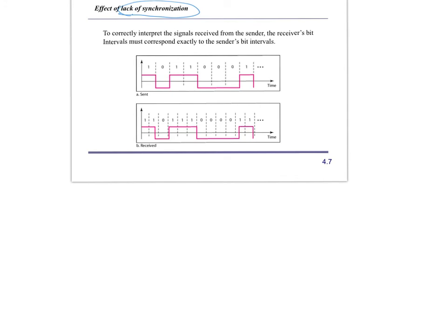Remember, guys, the lack of synchronization is a phenomenon that we suffer from whenever we have two nodes using separate hardware circuits to generate their synchronization clocks. So here I have two clocks.